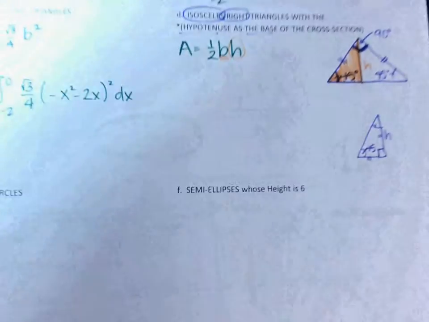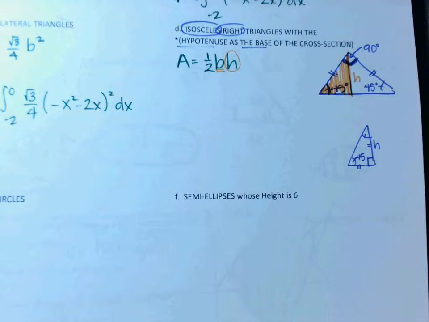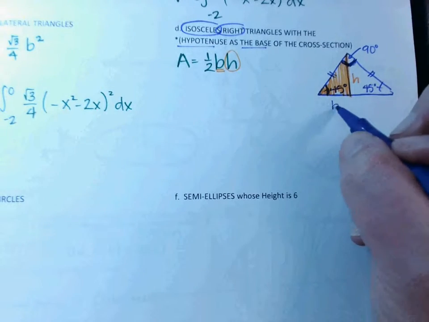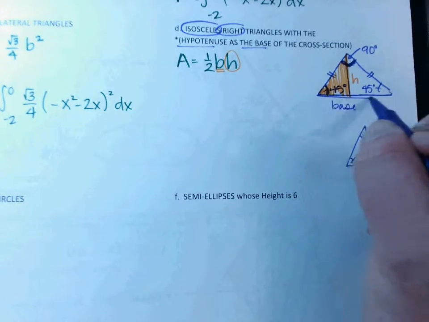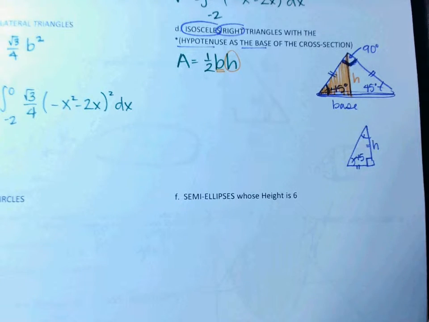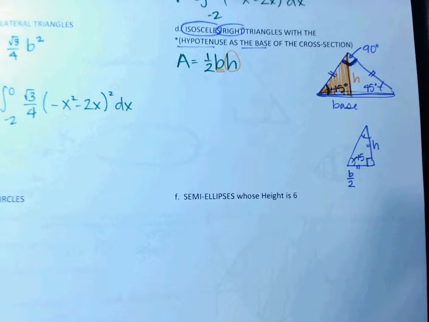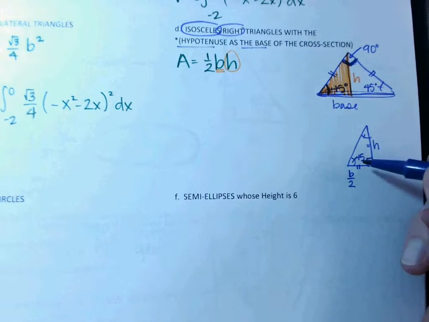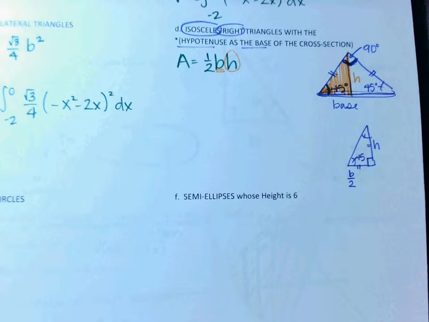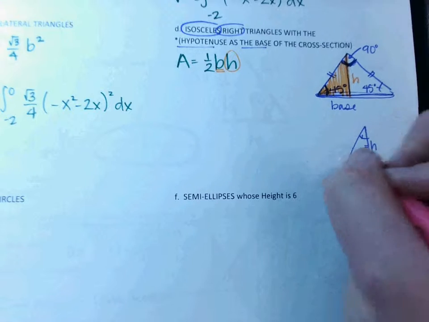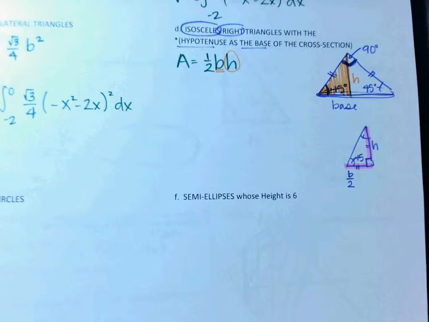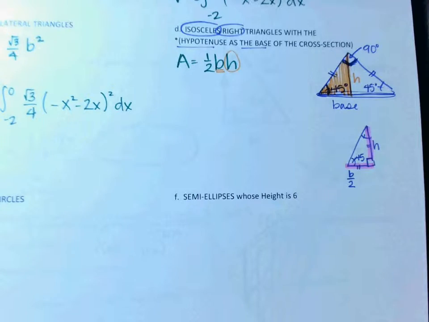So now think about, if this side here is the base, which is all the way across the region, then this side down here is base over 2. And remember that if this is a 45-degree angle, then this 45 and that 45 have to match each other, which means really my height is equal to my base over 2.